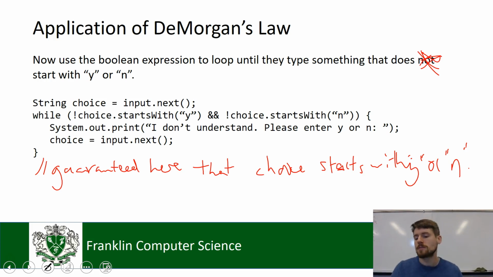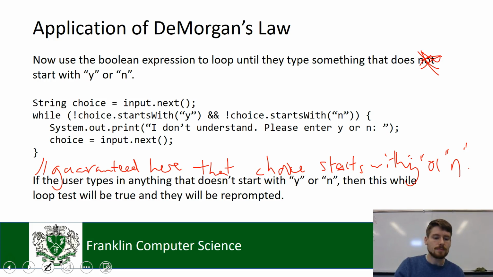We wouldn't know what to do if they typed something like G or B or A, and so this forces them into one of those two letters. Okay, so that's how we'd validate input. If the user types in anything that doesn't start with y or n, this loop test will be true, and they will be reprompted. That's effectively what we're doing here.